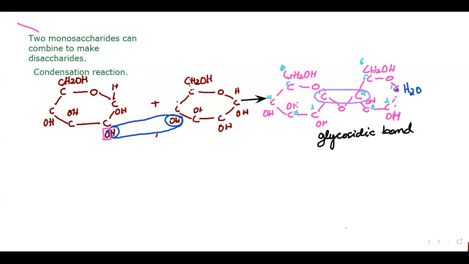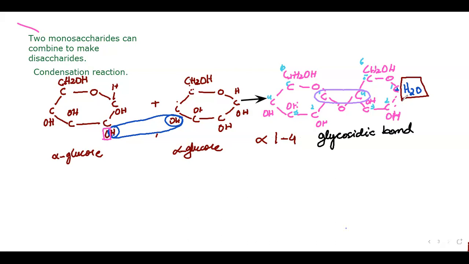So this particular bond is known as a 1,4 glycosidic bond. And since it's happening between alpha glucose, we can call it an alpha 1,4 glycosidic bond.